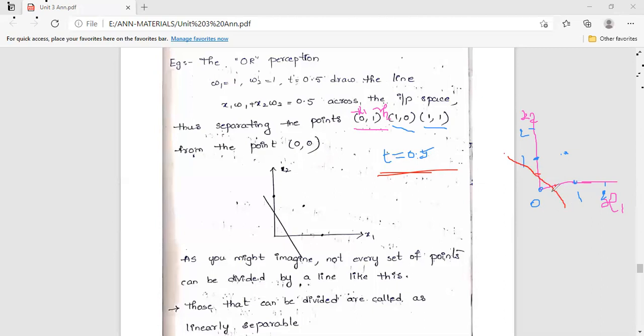Now by using this line, you can divide this total 2D space into two parts. This is one part, and this small one is the second part. This upper part is one kind of category of data, and the lower part of this line is another category.